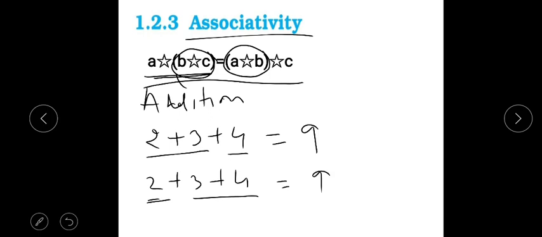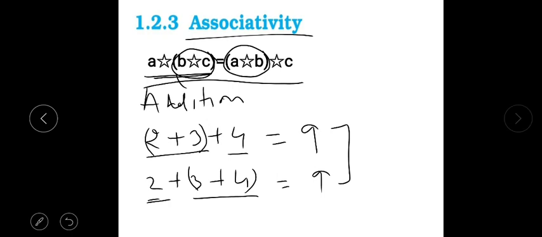So we associate two numbers and then we operate with the third number. If the result is the same, then we say that these particular numbers follow associativity for that operation.